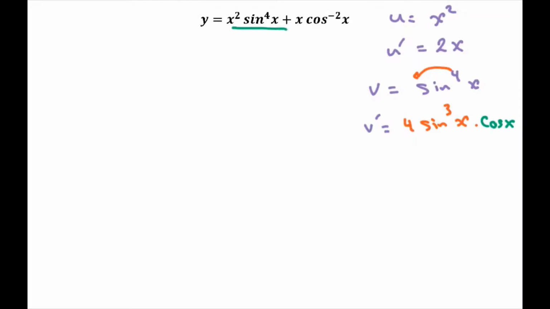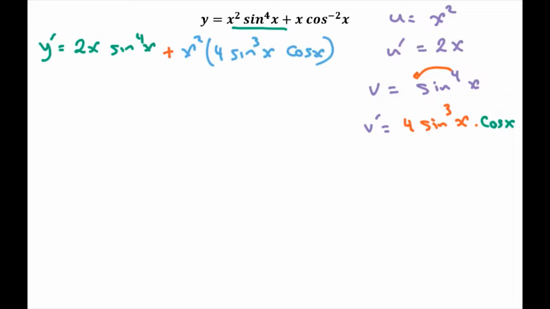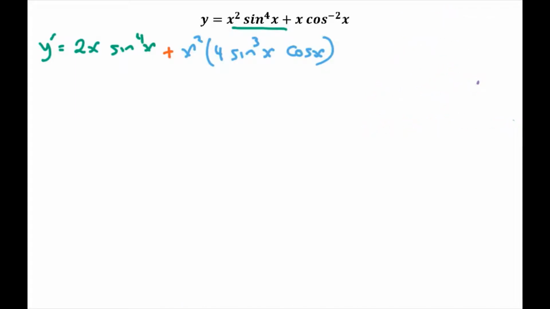So now I'm going to find the derivative for the first part, which is u prime times v plus u, which is x squared, times v prime, 4 sine 3x cosine x. We will do the same for the second part as well.